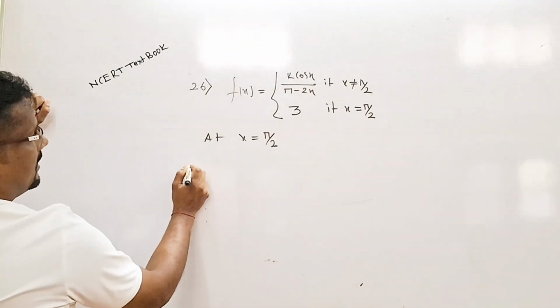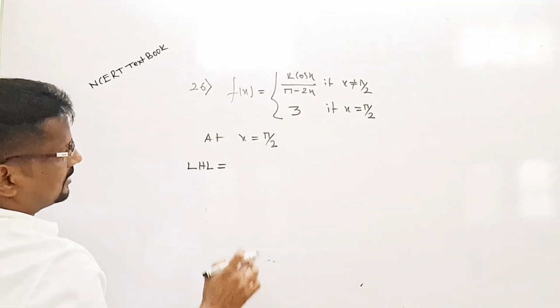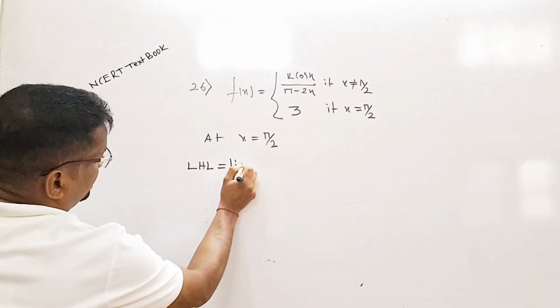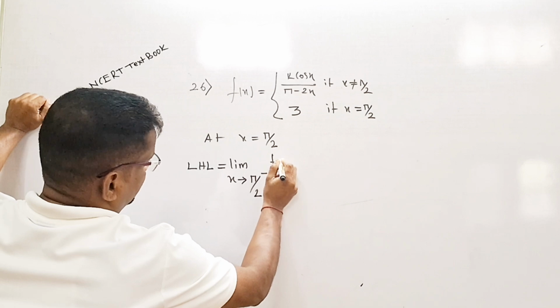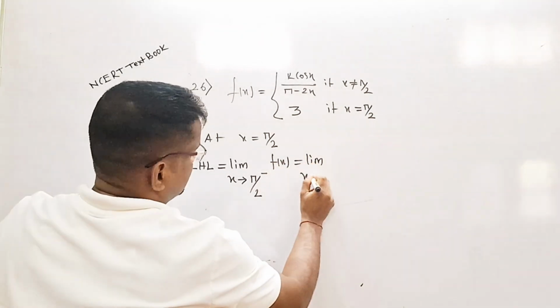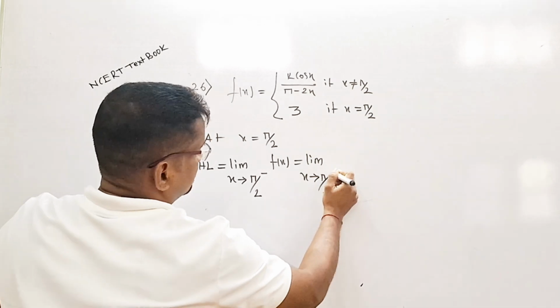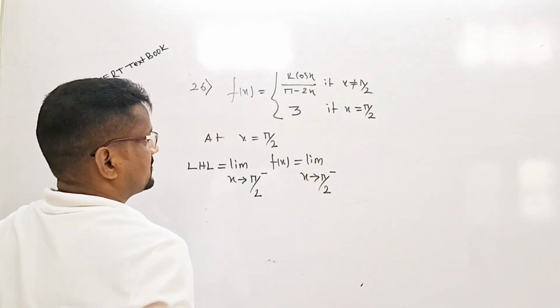See, at first we are going to calculate LHL at pi by 2. Limit x tends to pi by 2 negative f of x, means x approaching pi by 2 from the left side.